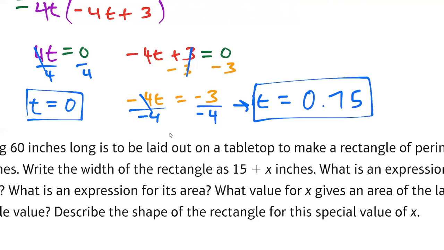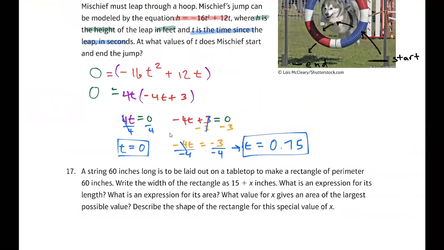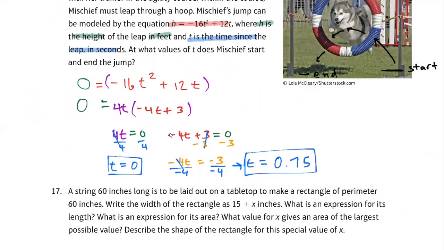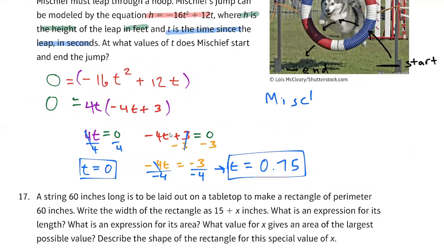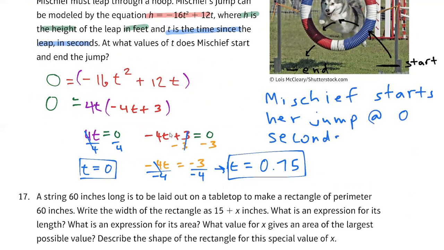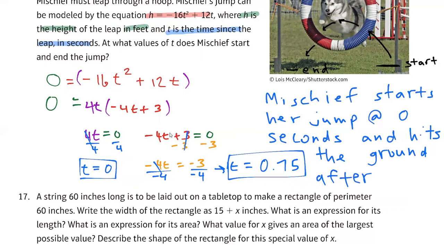And in the context of this problem, what that means for Mischief is that she starts her jump at 0 seconds and hits the ground after 0.75 seconds, 3/4 of a second.